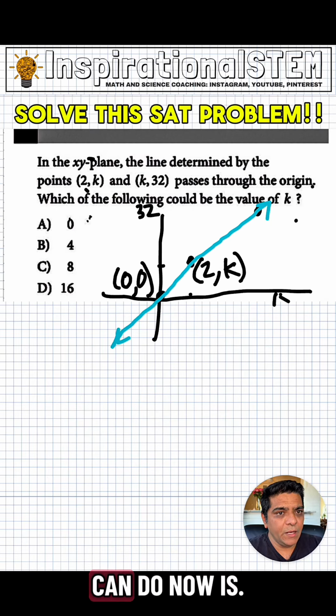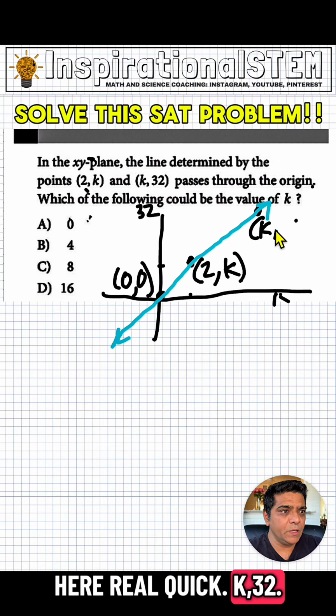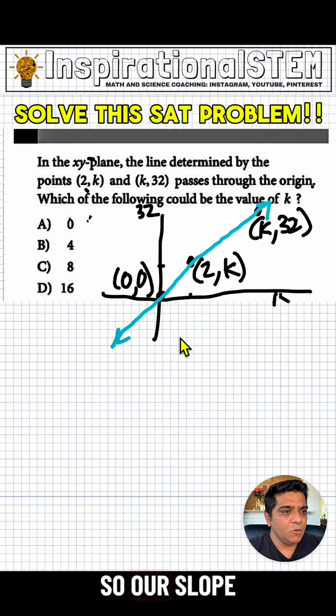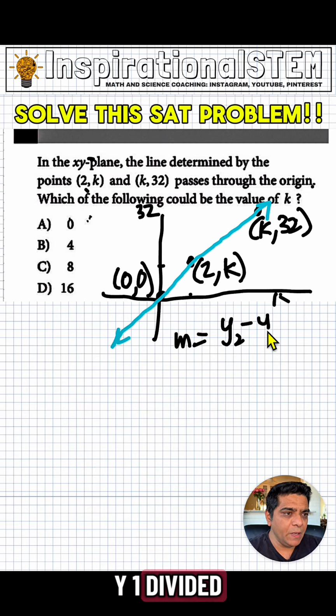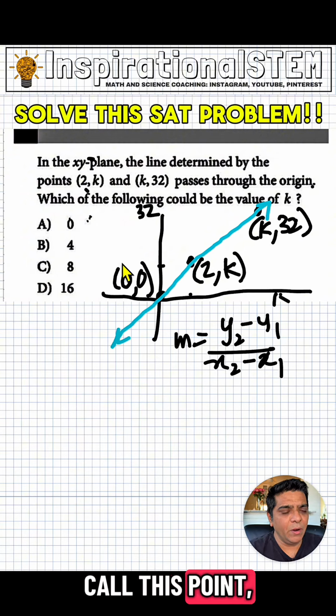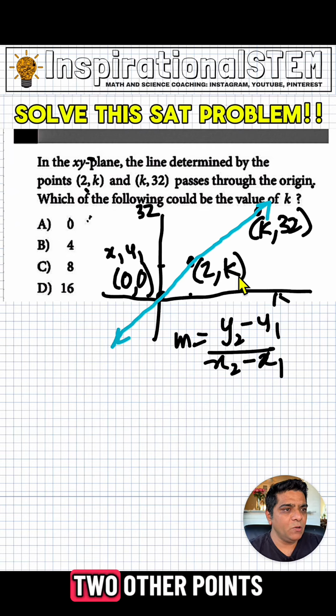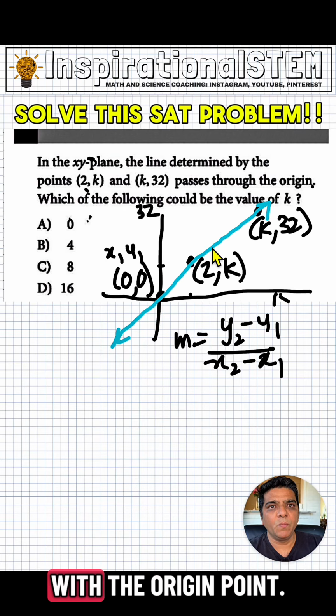So what we can do now is, let me just go ahead and write this point here real quick, (k, 32). So our slope formula, if you remember, is y2 minus y1 divided by x2 minus x1. So if we call the origin point x1, y1 throughout, then we have two other points which will have the same slope with the origin point.